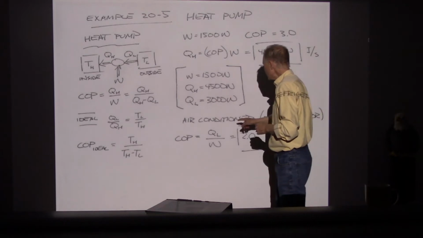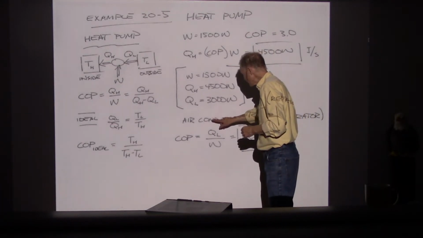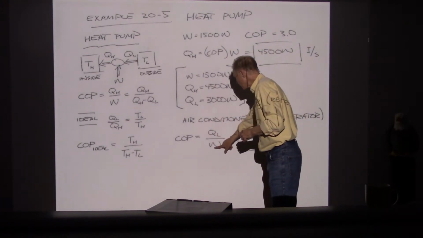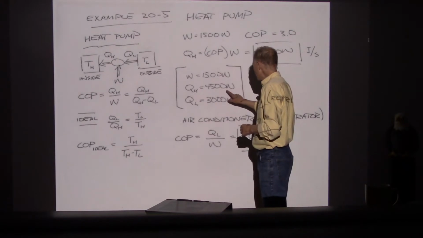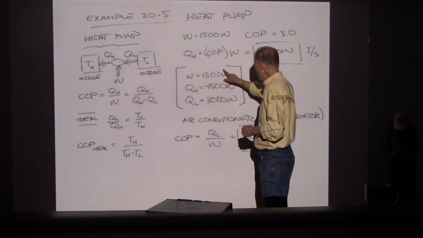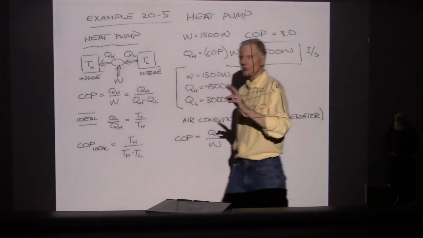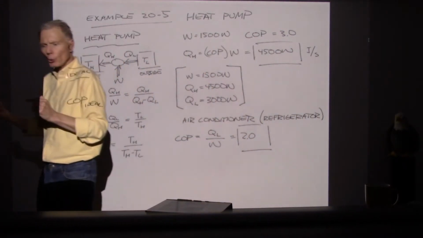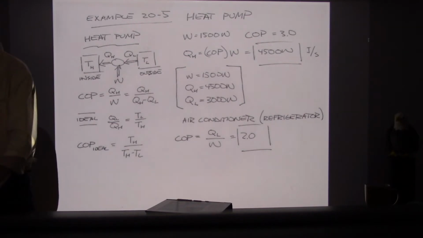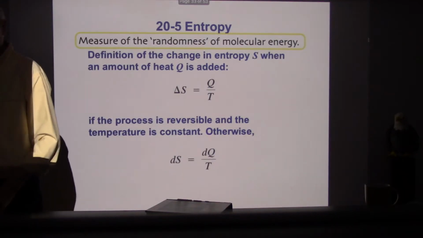For an air conditioner, it's QL divided by W. That would be 3,000 divided by 1,500, a coefficient of performance of 2. So when you're using cooling, the coefficient of performance drops by 1.